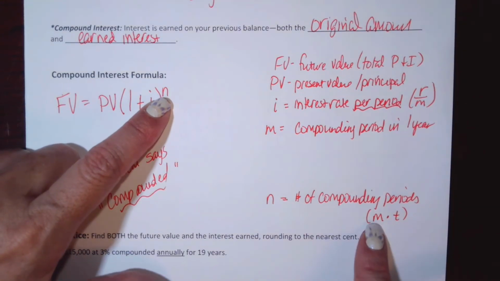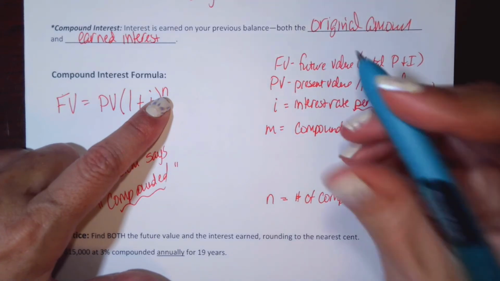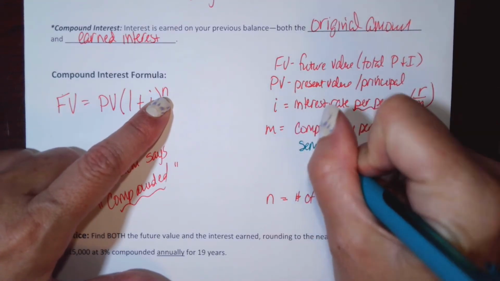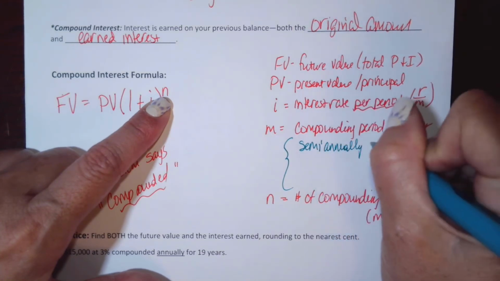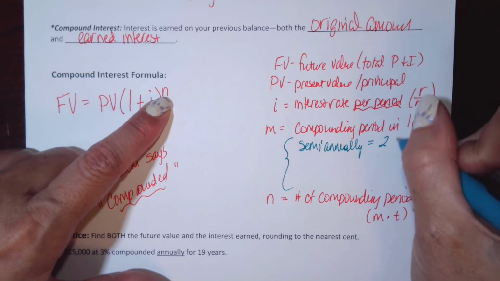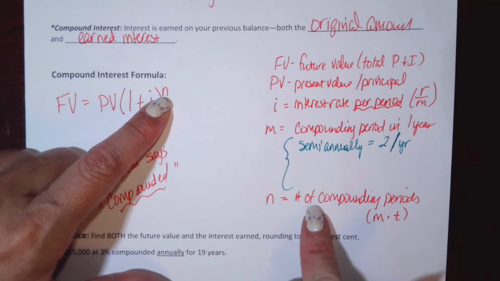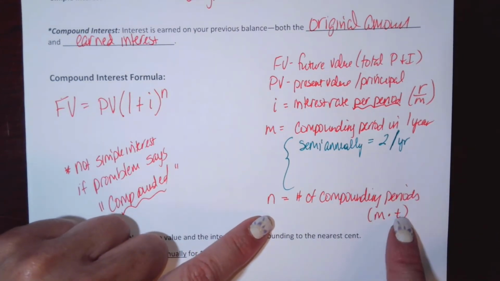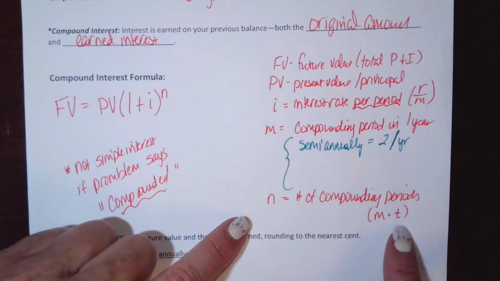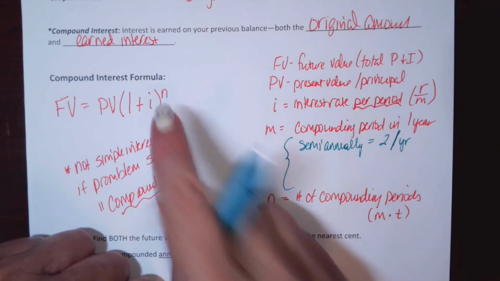For example, if the problem says that it is compounded semi-annually, that's 2 times per year. So the number of compounding periods is going to be 2 times the number of years. Let's say that t is 5 years. In that case, if I'm compounding it twice a year for 5 years, my exponent n here is going to be 10. 2 times 5 is 10.